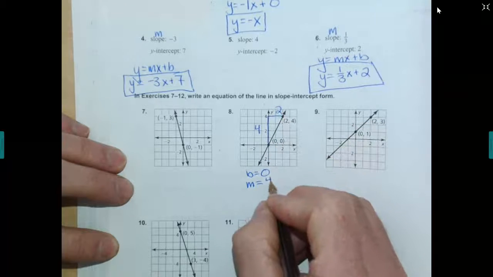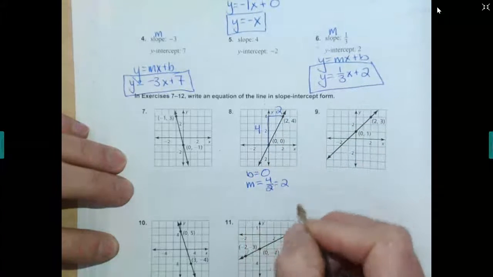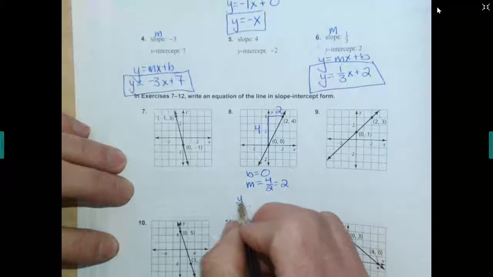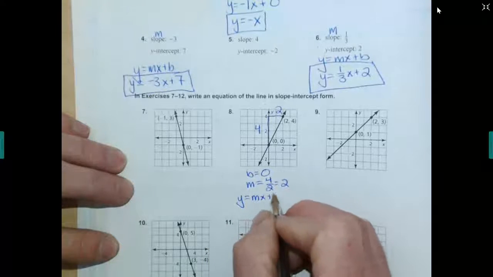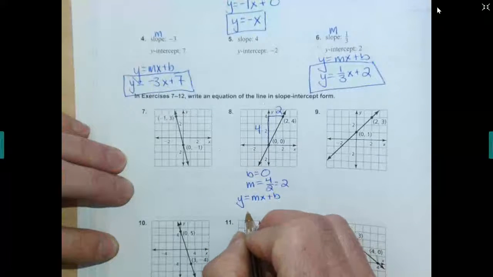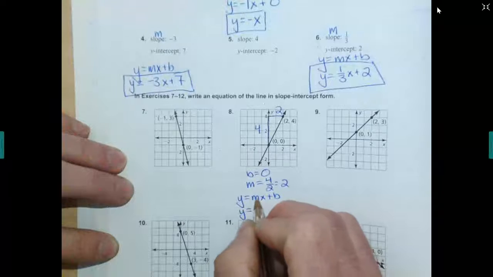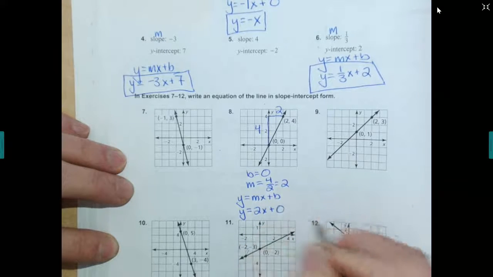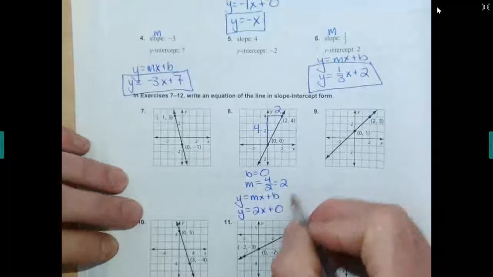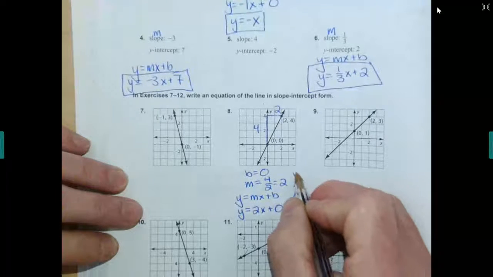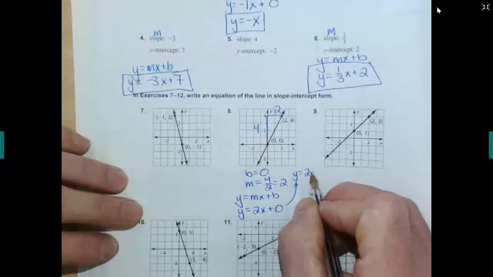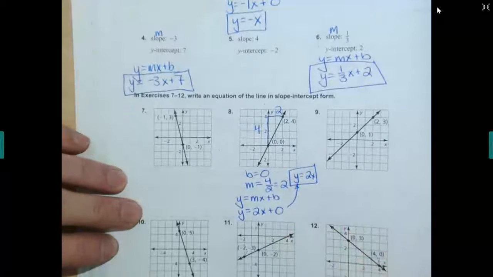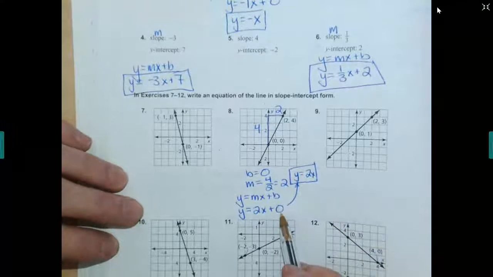So I have a slope of 4 over 2, which is 2. So y equals mx plus b, y equals 2x plus 0. So y equals 2x, because I don't need to include that 0.